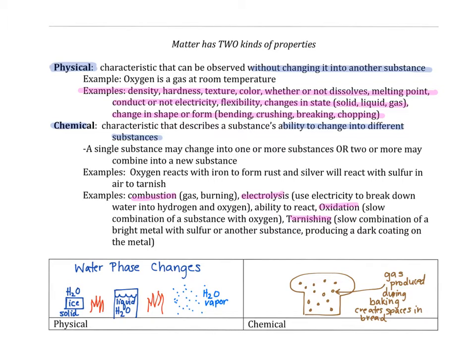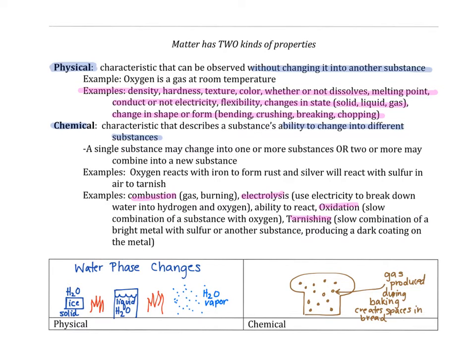Melting point, whether or not it conducts electricity, how flexible something is, changes in state, which we will talk about a little later, but the example is moving from solid to liquid to gas, whether or not something can change in shape or form, so bending, crushing, breaking, or chopping. If I have a piece of paper and I rip it or chop it into pieces, it still is made of the same chemical elements, which is what makes this physical.